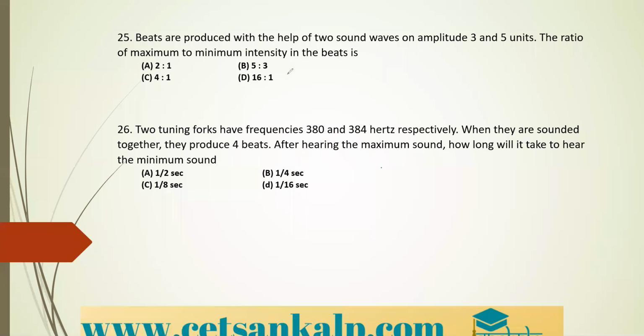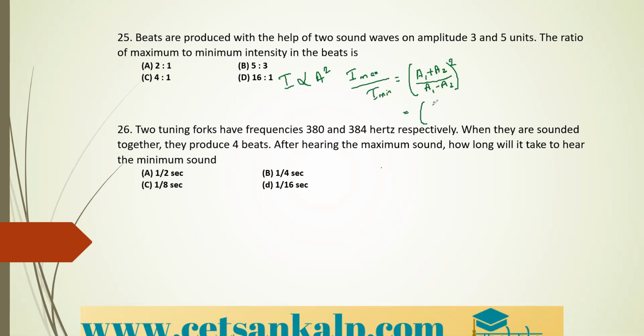So students, what is the relation? Intensity is directly proportional to the square of the amplitude. Therefore, the ratio of maximum intensity to minimum intensity is equal to (A1 plus A2) divided by (A1 minus A2), whole square, since I is directly proportional to the square.